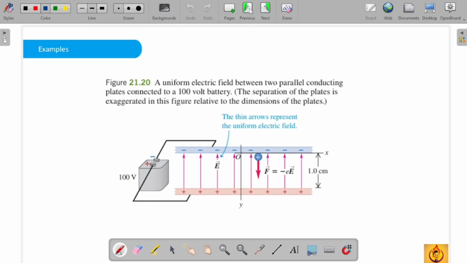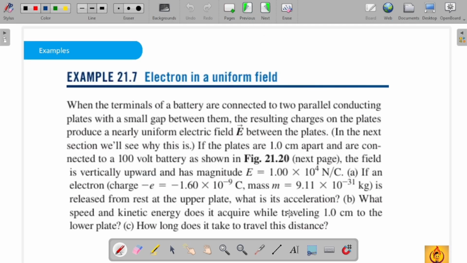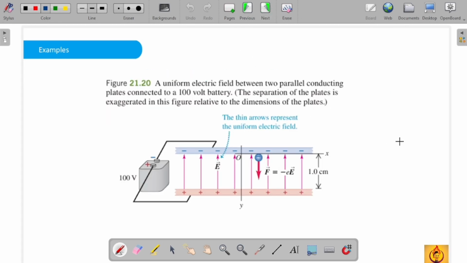Why is the electron accelerated, guys? There's an electric field on it. Remember, that electric field causes an electric force. And if we have force, we have acceleration, right?